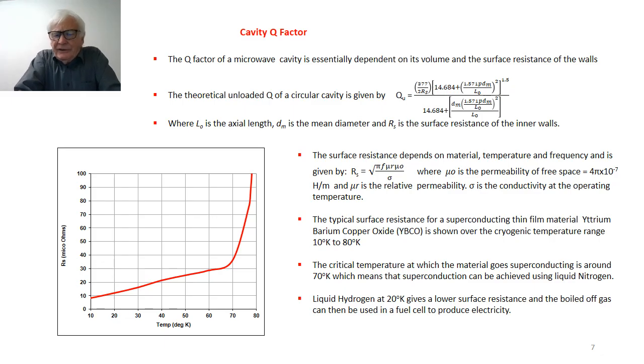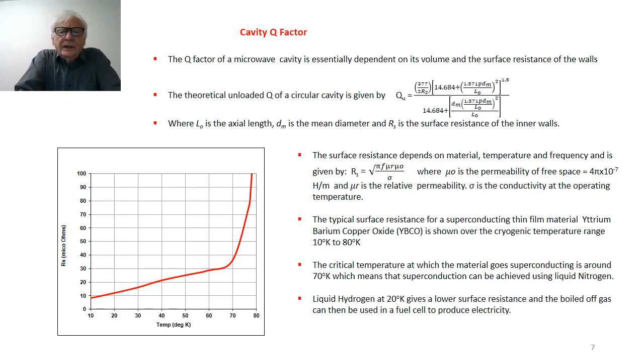But around 70 degrees K, there is a critical point where the resistivity suddenly goes up as the temperature goes up. So clearly what you need to do is to operate this material below the critical temperature.